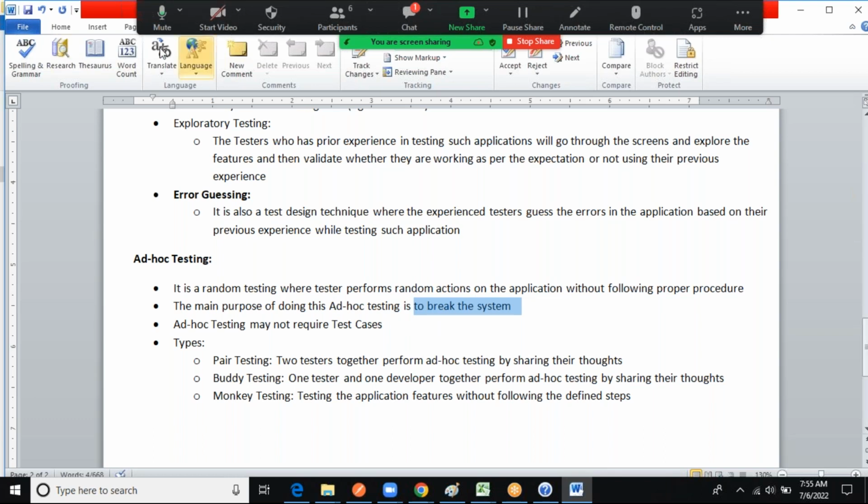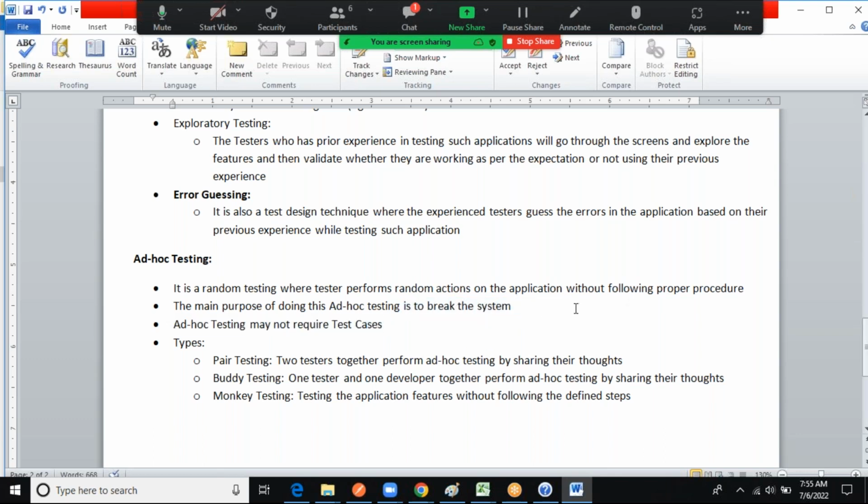Or the application is not responding at all, or it is throwing some unexpected exception, or showing some weird error message when I am doing random actions. That is also a wrong thing coming out of the system. So that's what I mean by break the system.